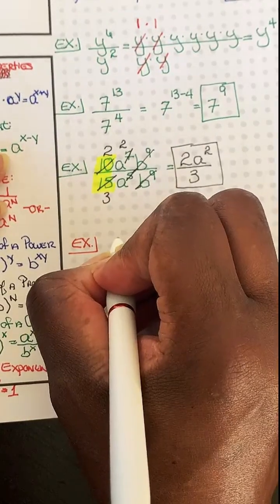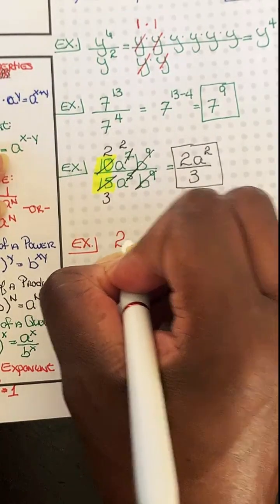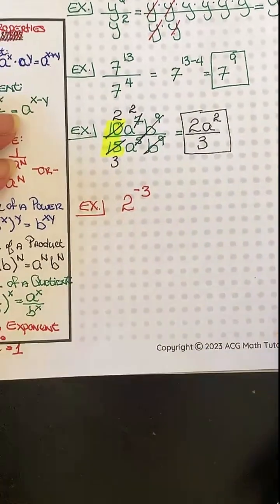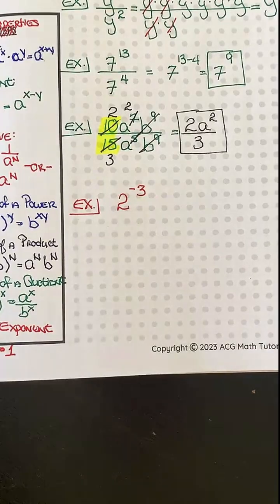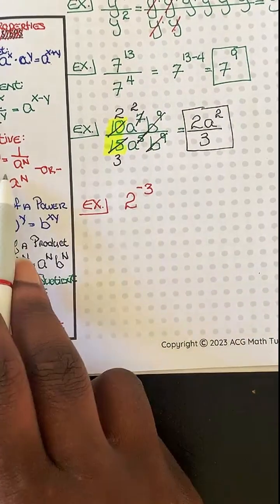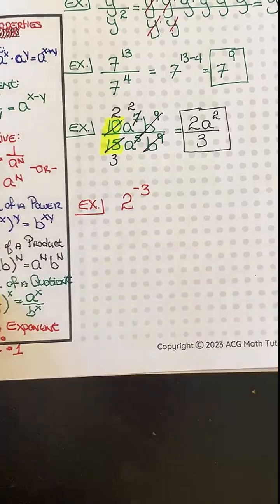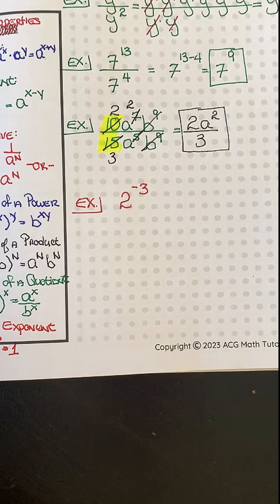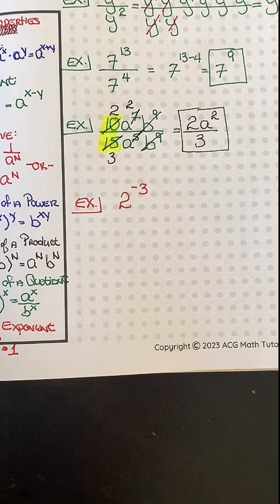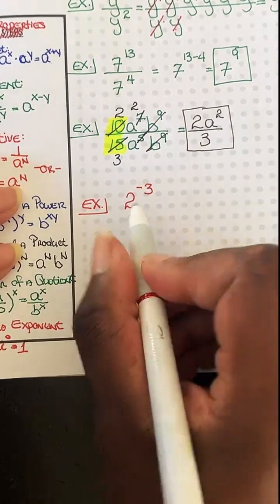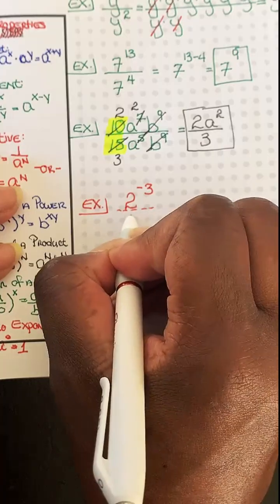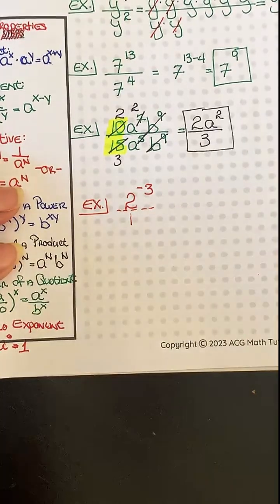So if they give it to us right off the bat, let's say 2 raised to the negative third power. I'm trying, if you haven't noticed, to do a color match. So we have a negative exponent and we can't keep it that way. Normally when you see a whole number, it's always understood that it's being divided by 1.